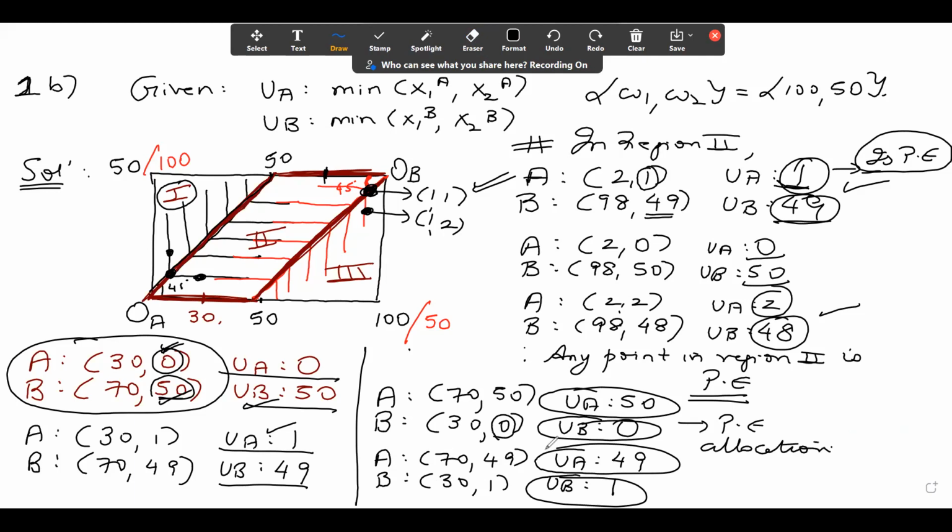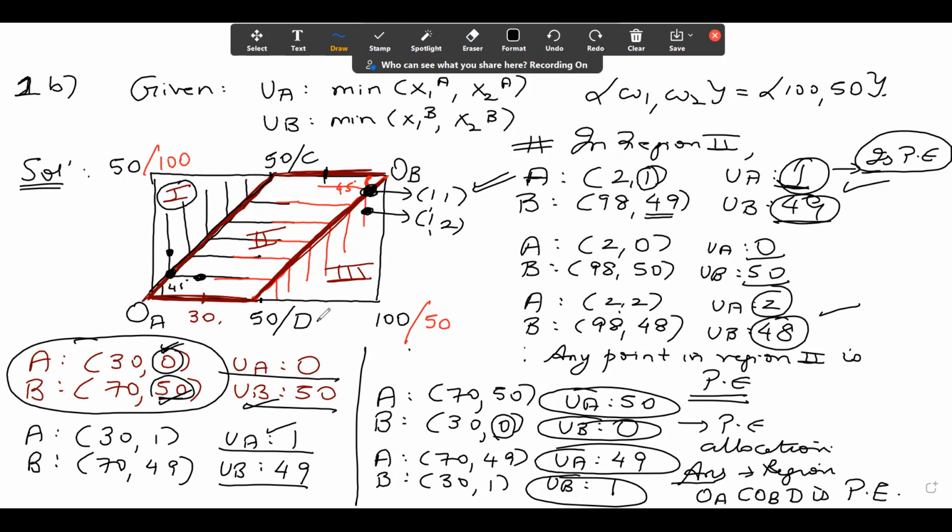So what do we learn? You can clearly see that my Pareto efficient allocation or my contract curve is nothing but OA. Let me call this point C, and let me call this point D. So my answer for this question is that the region OA COBD is Pareto efficient.